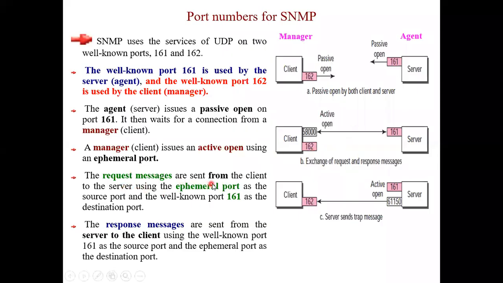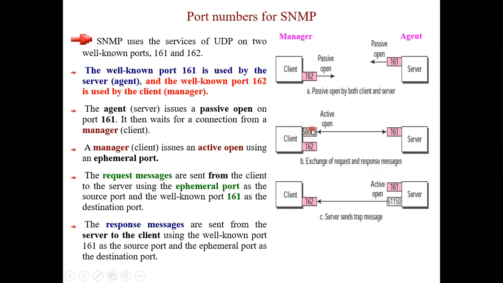Then the request messages are sent from the client to the server using the empirical port number. The manager, the client, needs some data, so he will send the request using any empirical port number. Randomly, here something like 58 or 68000 is written. The request message is sent from the client to the server using the empirical port number as the source port. So this is my source.